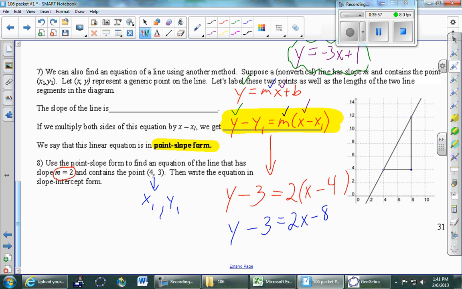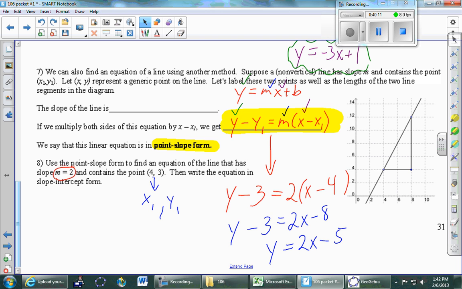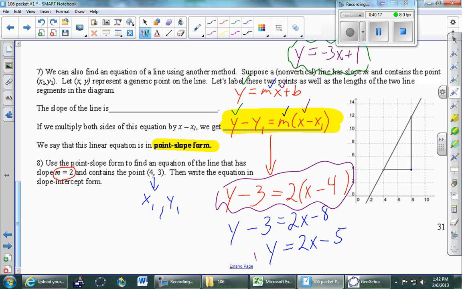What do I do to both sides? Add 3. So I get y equals 2x minus, add 3 to that very carefully, 5. So I've now got two different equations on the board circled in purple that both represent exactly the same line.